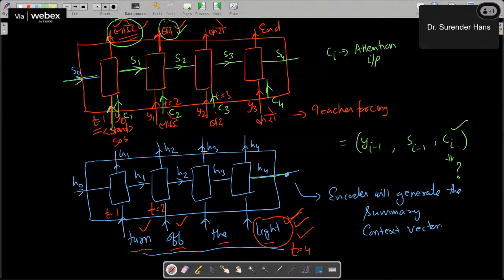So the dimension should be the same as the dimension of Hi.